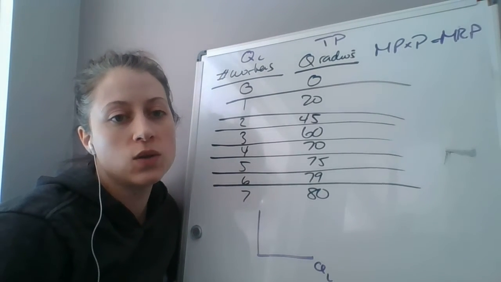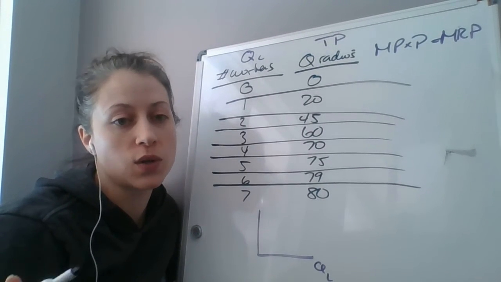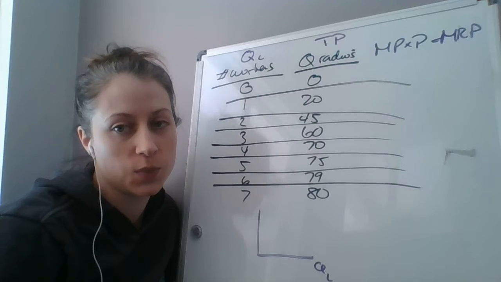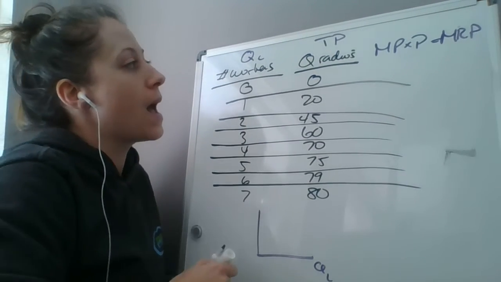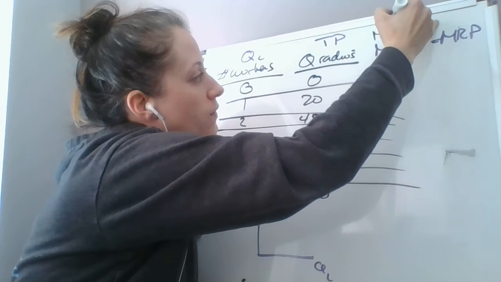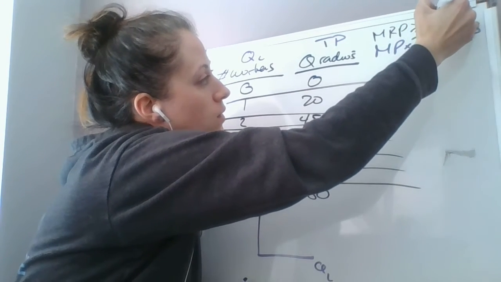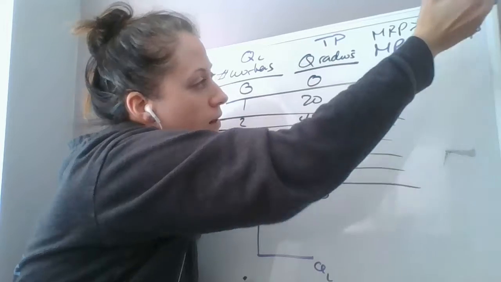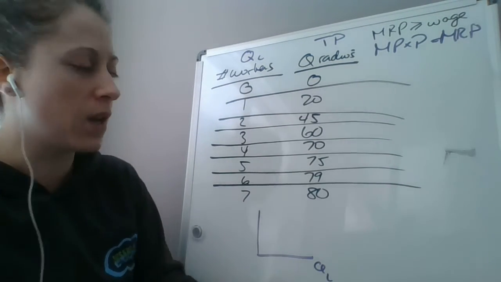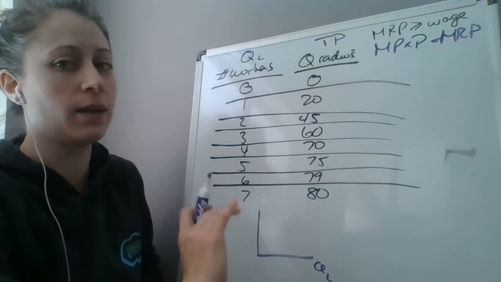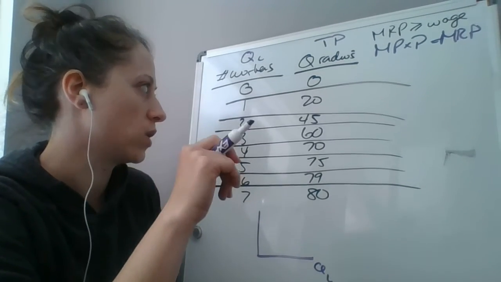When you're trying to determine how many workers to hire or how much output is profit maximizing, this is the equation that you're going to need. And marginal revenue product should be greater than or equal to wage, right? So that's why I want you to think about these terms a little differently than they might be labeled on the actual question.